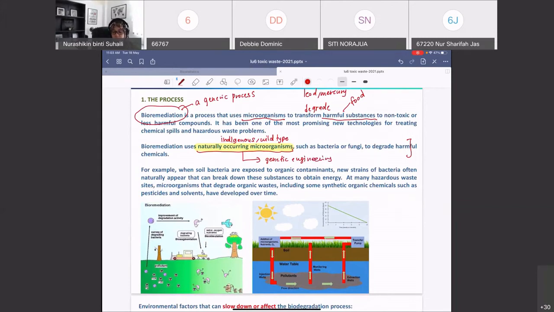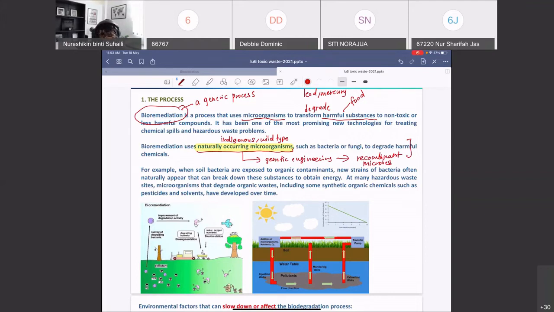Synthetic biology is another field of biotech. So this will lead to recombinant microbes that can be used to perhaps enhance the natural process of bioremediation. Okay, so I hope that you get the concept clear.